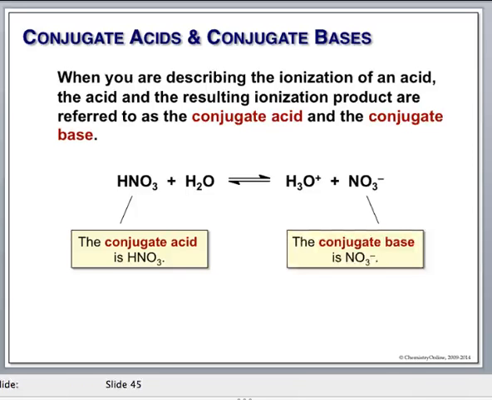This is a conjugate acid-base pair. So when this thing acts like a Bronsted acid, it generates its conjugate base. When the base acts like a Bronsted base, that is, it accepts a proton, it goes back to give its conjugate acid. The acid gives up a proton to form its conjugate base.